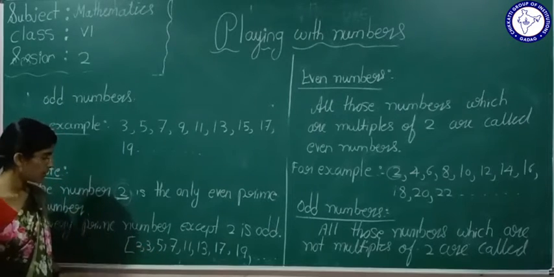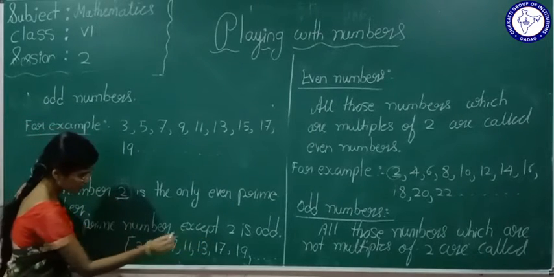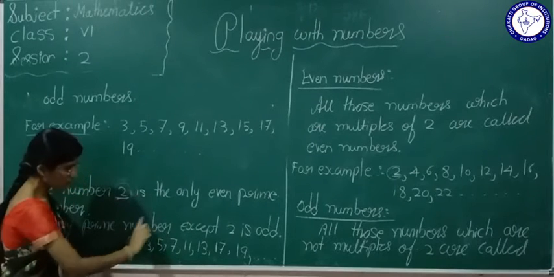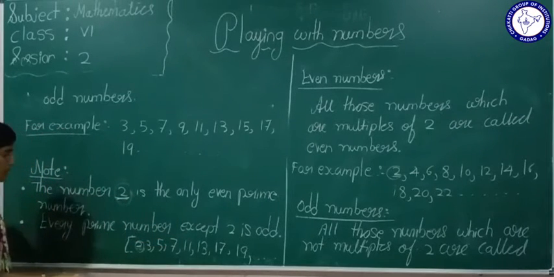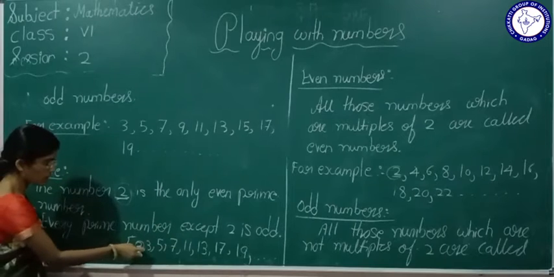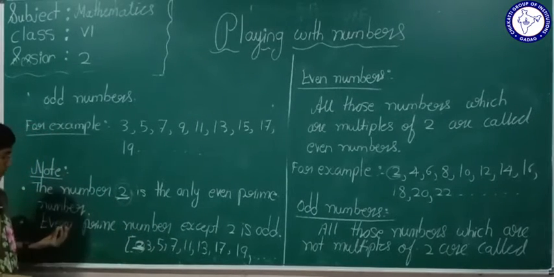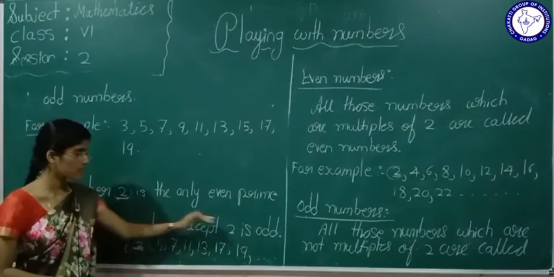Now see here, in all these prime numbers, 2 is even number, yes or no? Except 2, every prime number is odd.